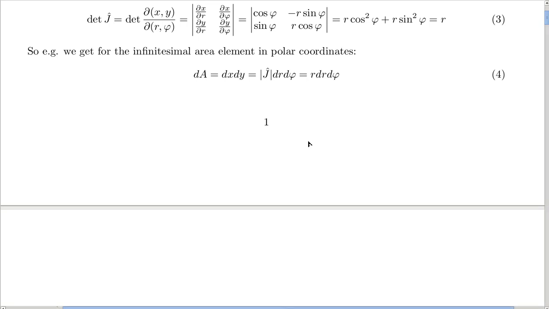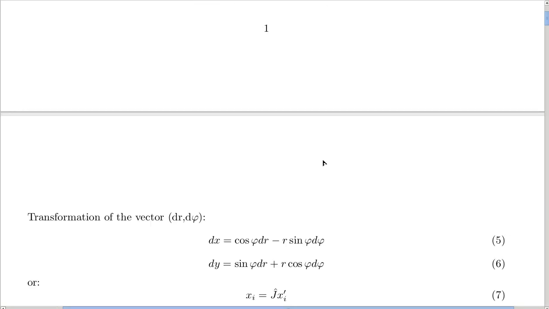And we have to recognize here an area has got the dimension of a length squared. And phi isn't a length, it's an angle. So we need r as a second length as a proportional factor. And so we have the area element here in polar coordinates by the product r dr d phi.